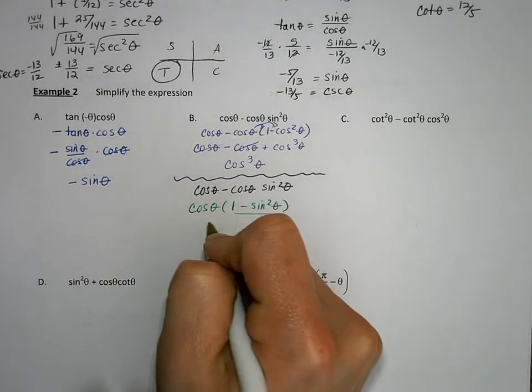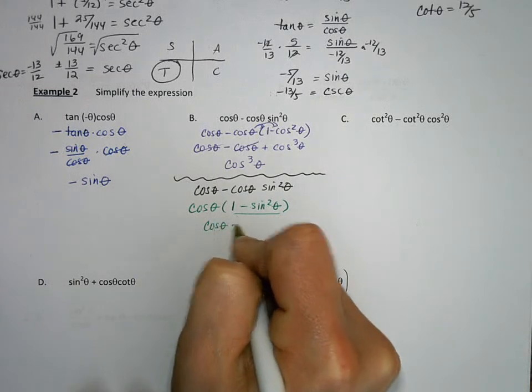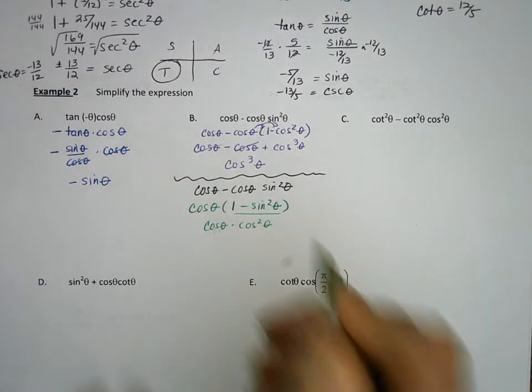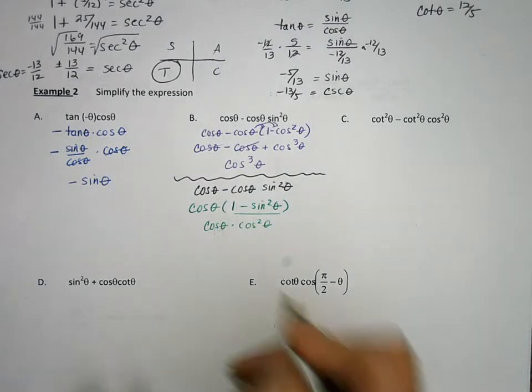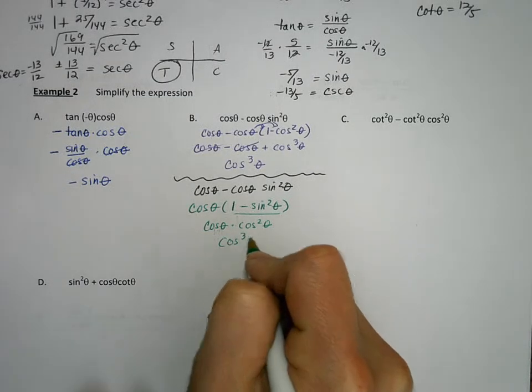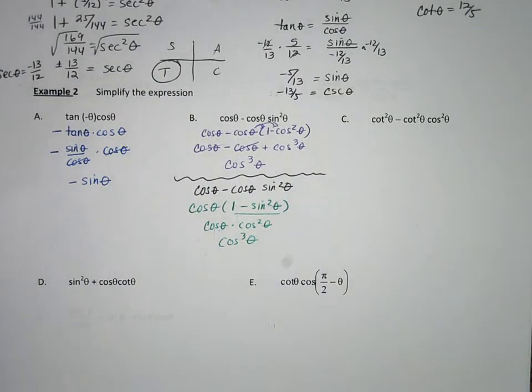So that means I have cosine times cosine squared, which is cosine cubed. Now, did it matter? Nope, they were both 3 steps. Sometimes one method will be significantly shorter or longer than another method. So we're working not only to get to the end result, but also to be as efficient as we possibly can. Does that make sense?